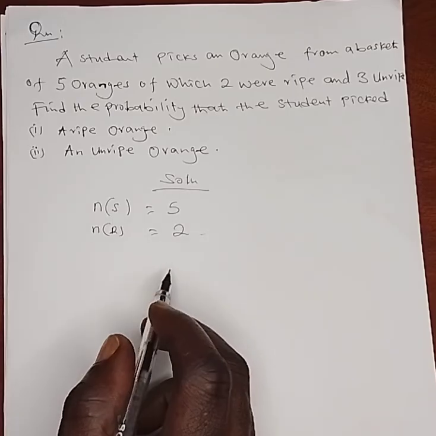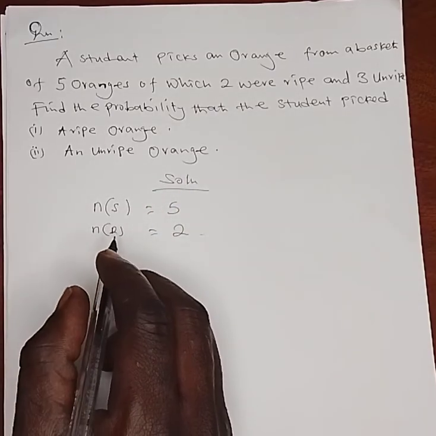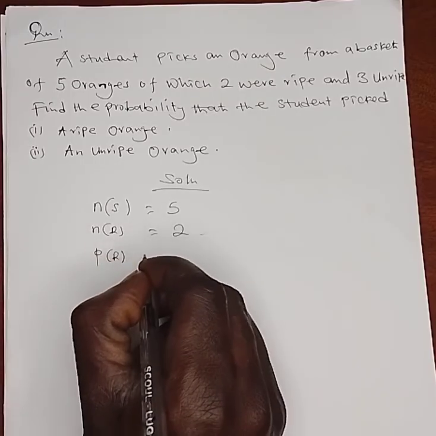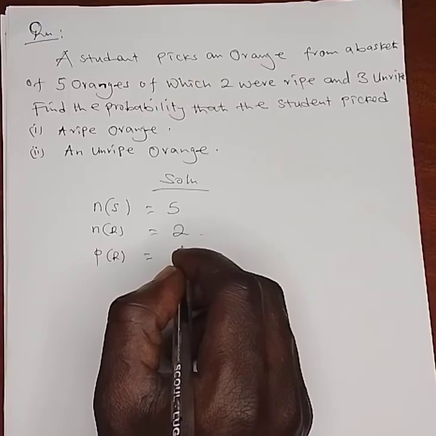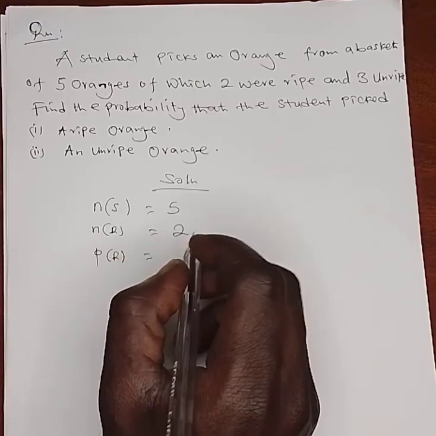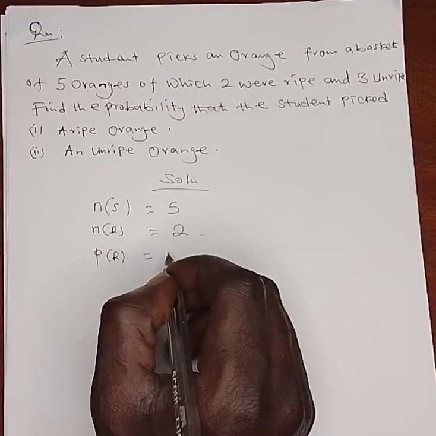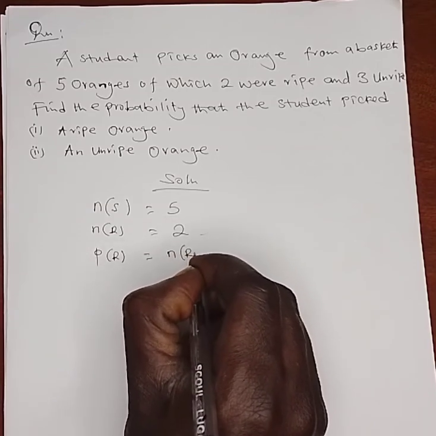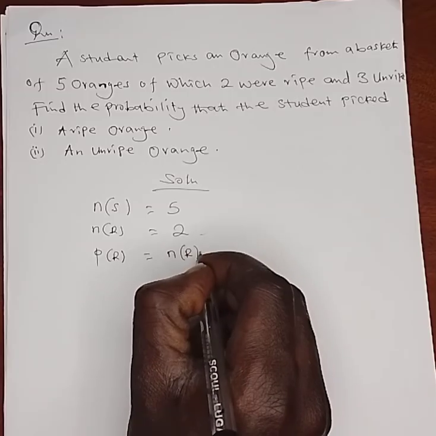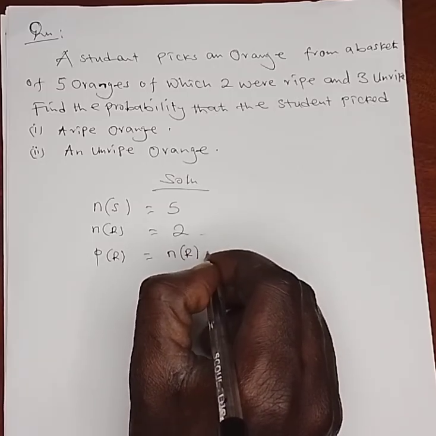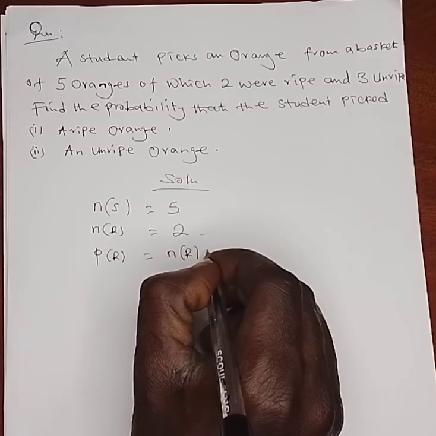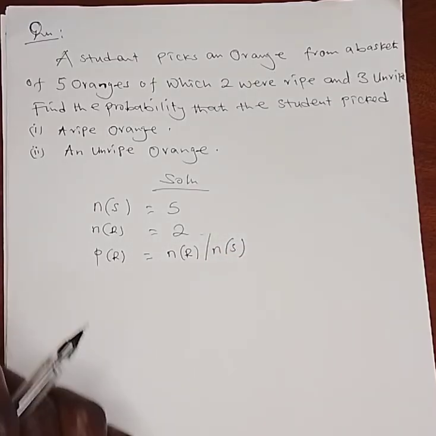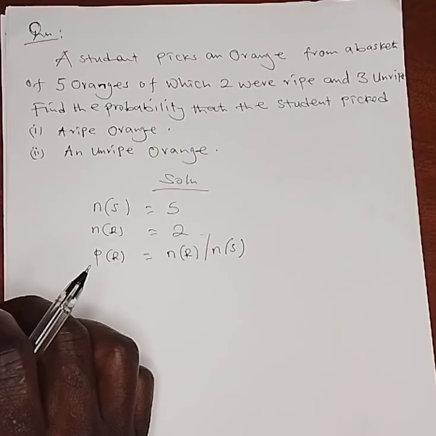You say the probability that a student picked a ripe orange is the same as the number of ripe oranges divided by the number of samples, the total number of oranges which were in the basket.